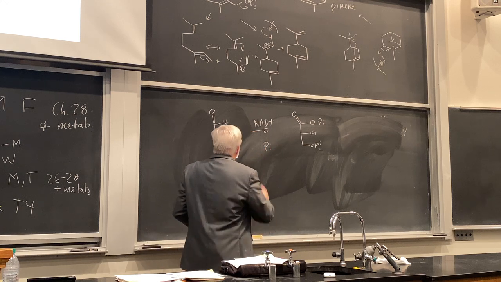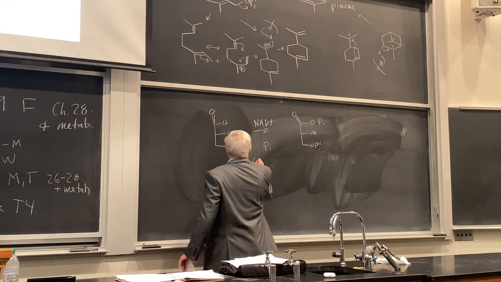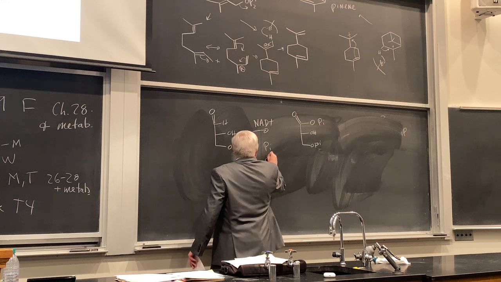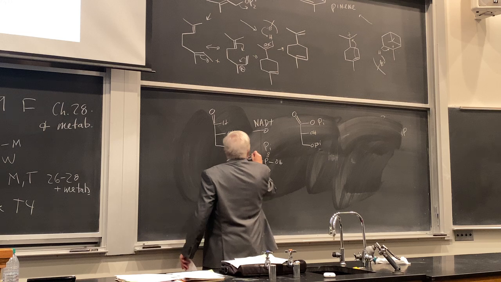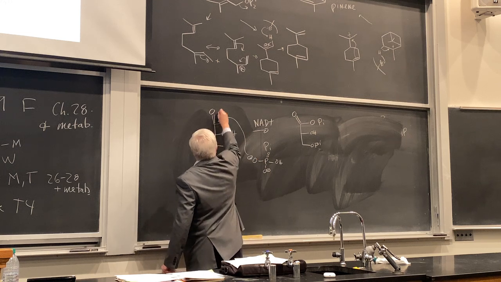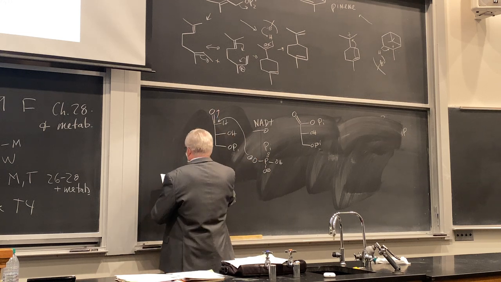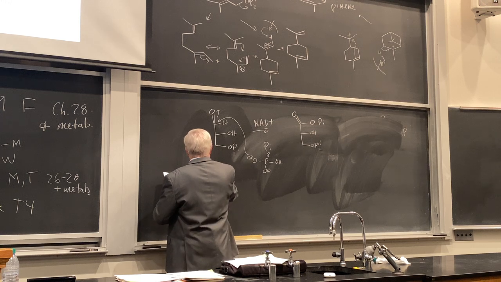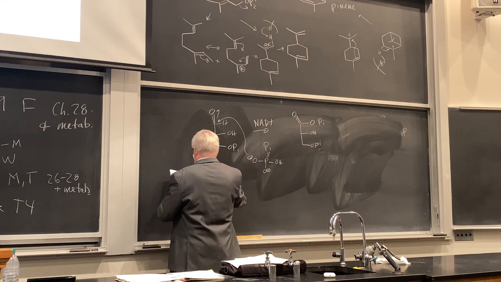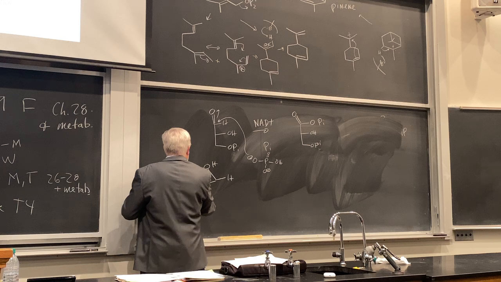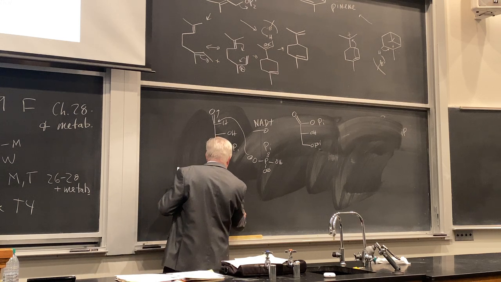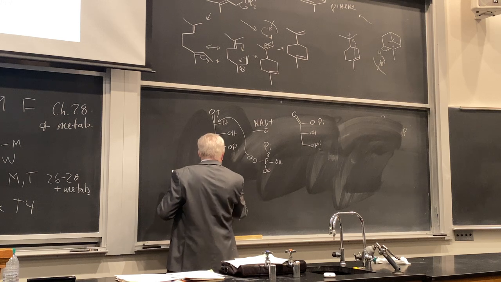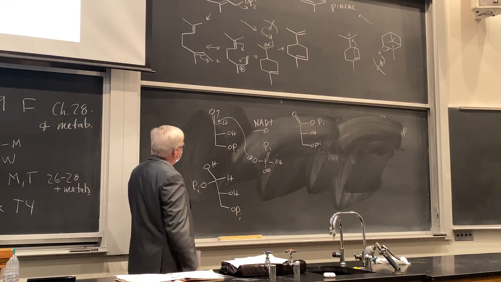So let's see, inorganic phosphate, what do we got? Let's go ahead and attack here and see what we get. Well, we get this. And we already have a phosphate on there. So how are we going to do this oxidation?